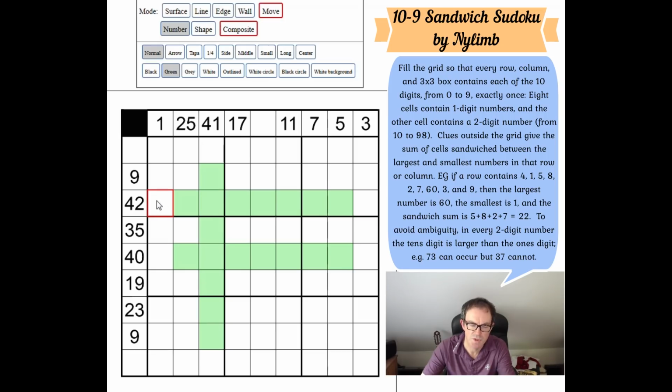Full stop. So this cell could be a 0, or a 2, or a 20. This is completely mad. So the 1 is over here, and it could be on its own, it could be a 10, or it could be a 21.